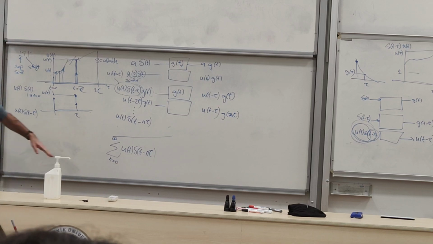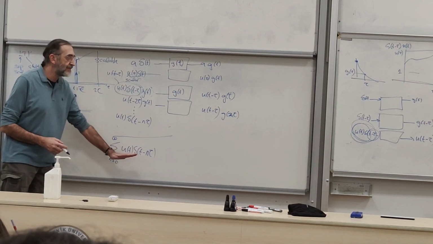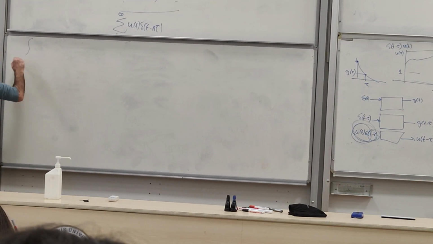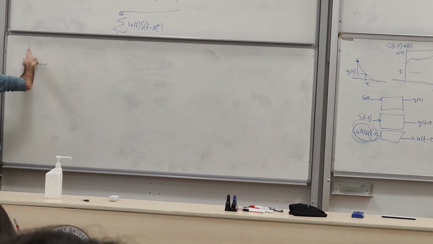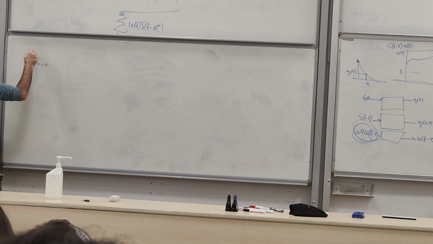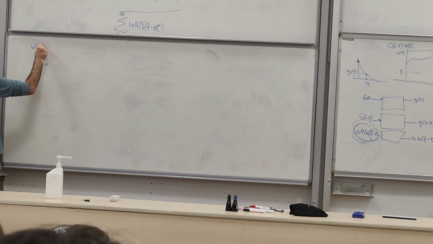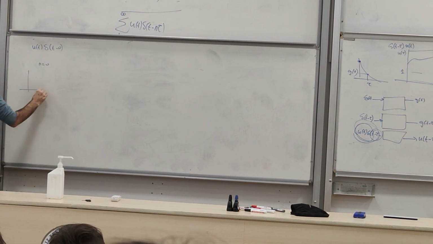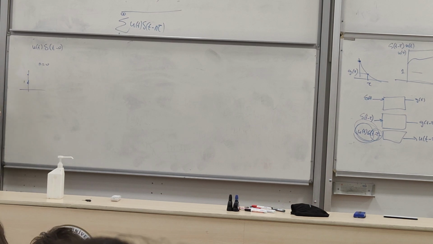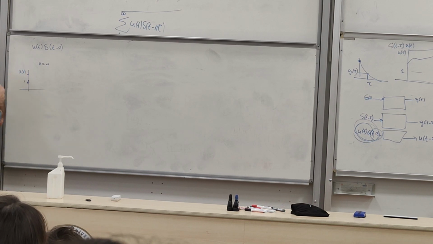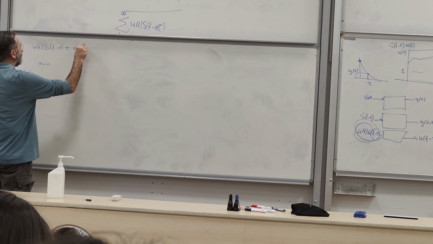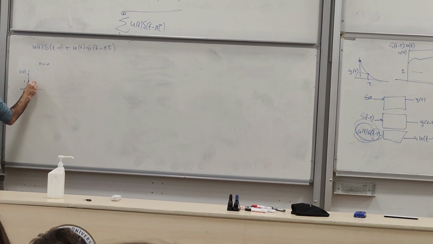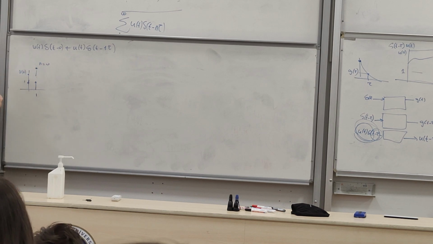What I have done here is the summation of all these deltas. When n equals 0, I have u of t times delta of t minus 0, which is this 1 times u of 0. Then I have u of t times delta t minus 1, which is this 1 times whatever the function is, u of 1.